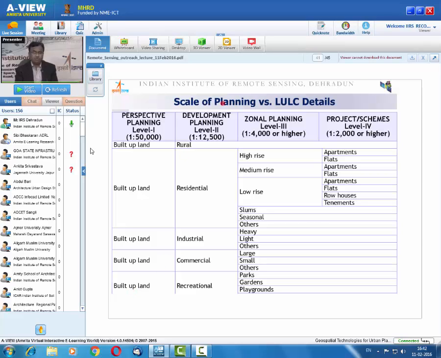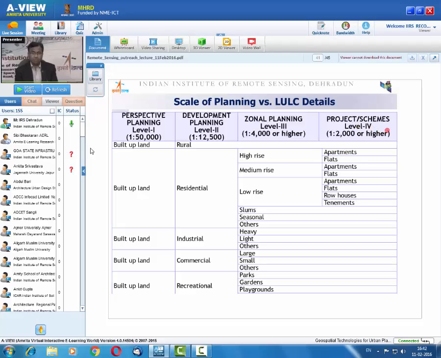When you go further into development planning, that means the scale of mapping increases and the information content increases, the built up area will be further subcategorized into rural, residential, industrial, commercial or recreational. When you go to zonal planning, that means 1 to 4000 scale or better, the same residential area is further subdivided into high rise, medium rise, low rise, slum or other categories.